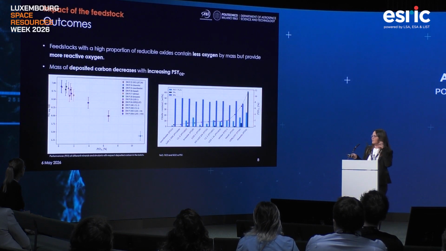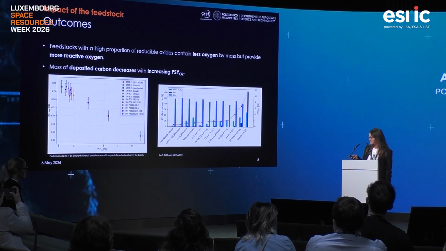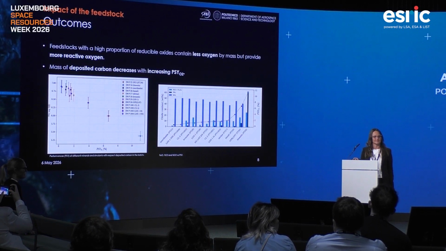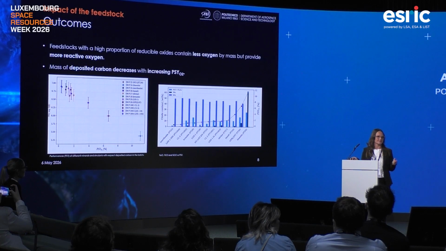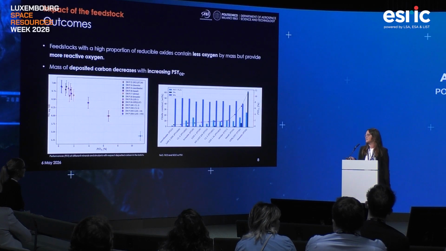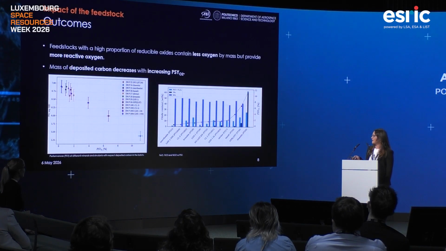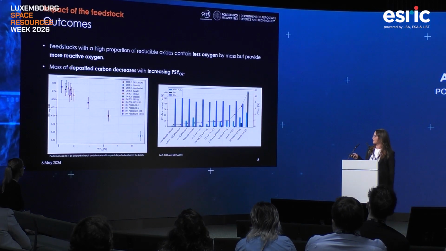And this more reactive environment is also confirmed through the estimation of the mass of deposited carbon that we compute with a carbon balance, since we know the sources and the sinks of carbon in terms of methane and carbon oxide. So the highest performing materials, so ilmenite and basalts, have the lower carbon deposition.